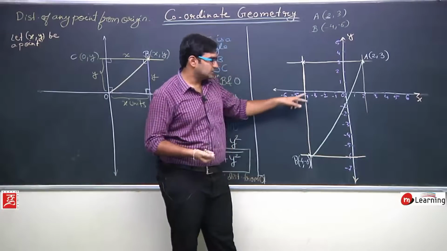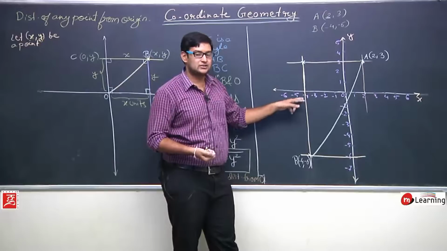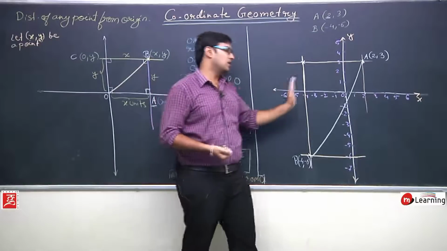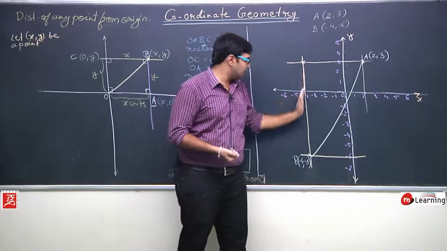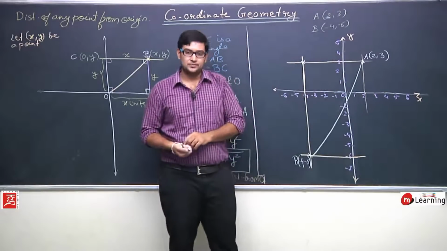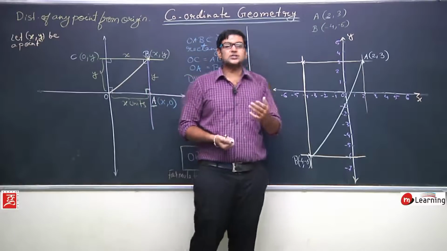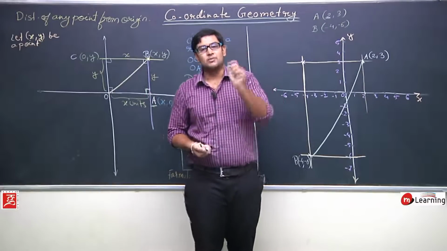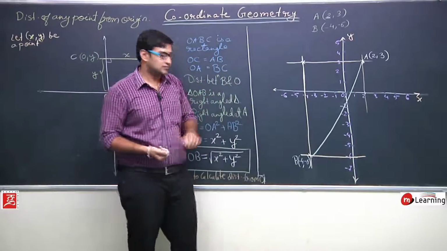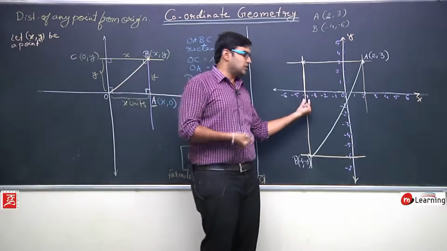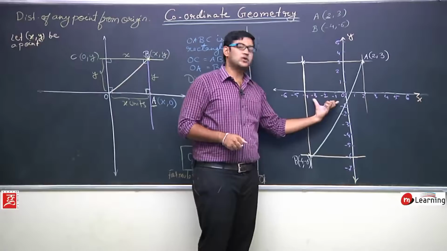What I am saying is that if I draw a perpendicular at x equals minus 4, it will be parallel to the y axis. This perpendicular will be parallel to the y axis. And what we have understood previously is that x coordinate means distance from the y axis. So you can see that the distance of this point from this y axis is equal to 4 units.